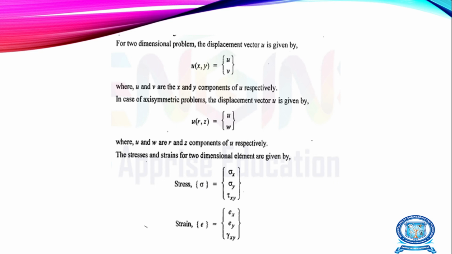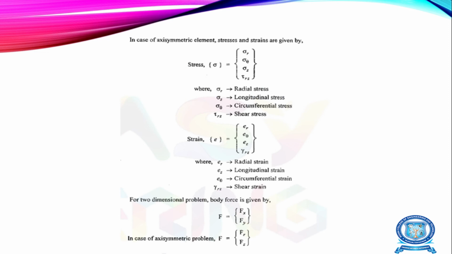The stress and strain for two-dimensional elements are given by sigma equal to the vector of sigma x, sigma y, tau xy. Likewise, strain is equal to the vector of epsilon x, epsilon y and gamma xy. In axisymmetric problems, the stress is modified as sigma r, sigma theta, sigma z and tau rz.